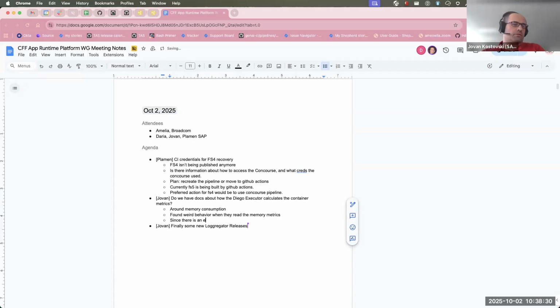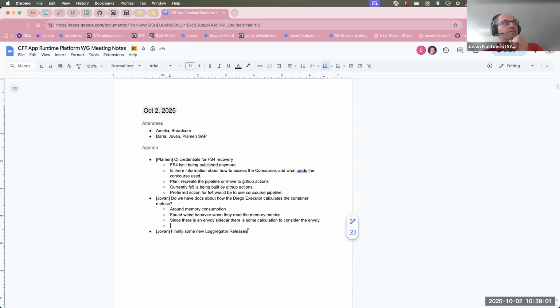I was wondering if we have it documented somewhere, because it was something like a portion of the reported memory usage by the container is being deducted, because we say that the Envoy sidecar needs something, and the rest is for the application.